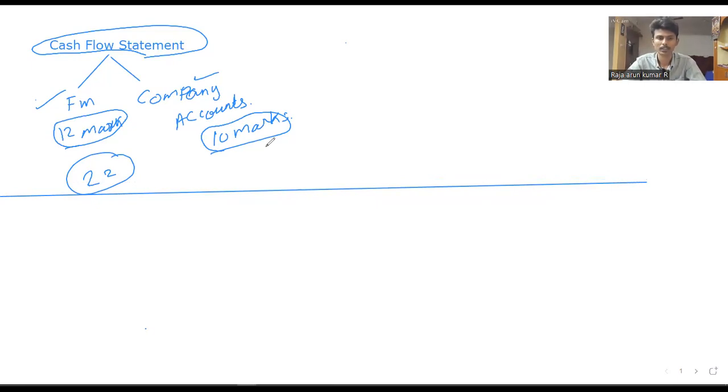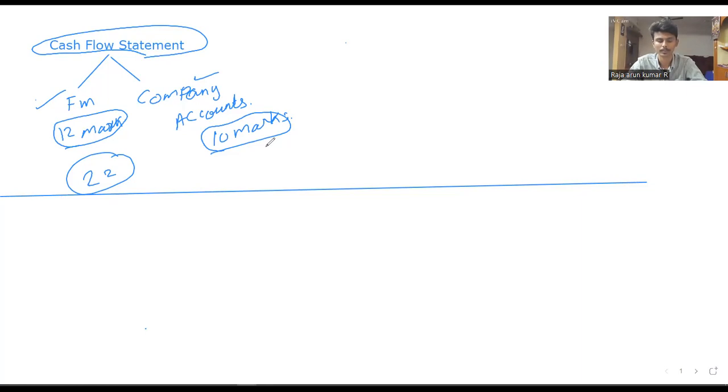Let me start. Sole proprietorships and partnerships prepare final accounts. In the final accounts, what do we prepare? The trading account, profit and loss account, and balance sheet. These three accounts are the final accounts used for sole proprietorship and partnership.